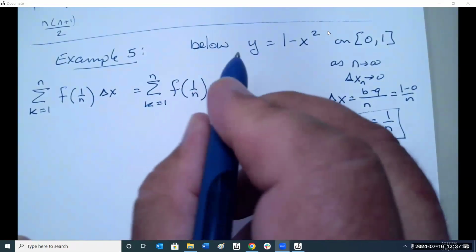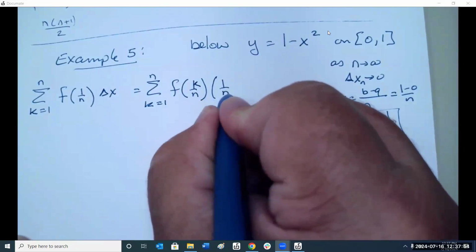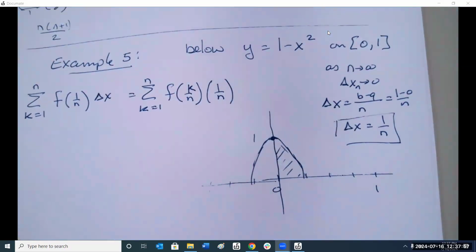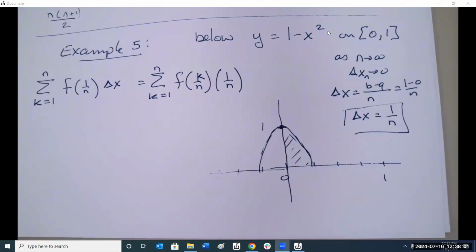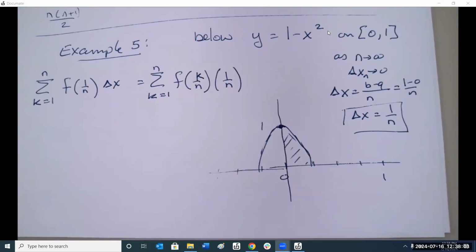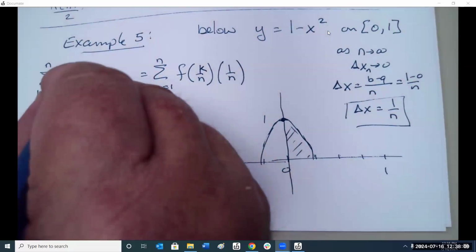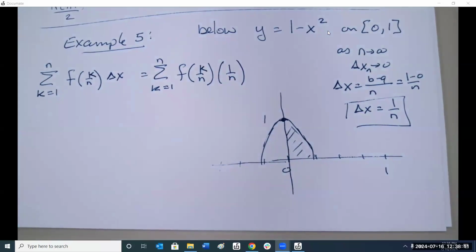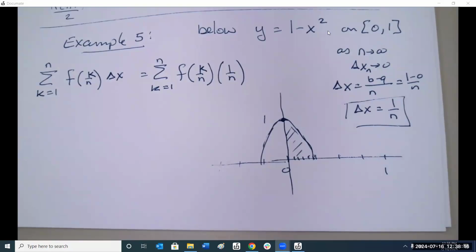One over n, or k over n times 1 over n. Yeah, this has to be k over n, because the k is all of our intervals inside there.